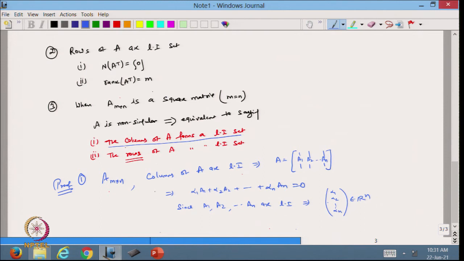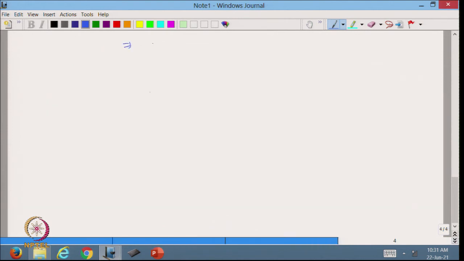If it is linearly independent, then alpha 1, alpha 2, up to alpha n are all 0. So, if all are 0, then the set alpha 1, alpha 2, up to alpha n belongs to the null space of A.